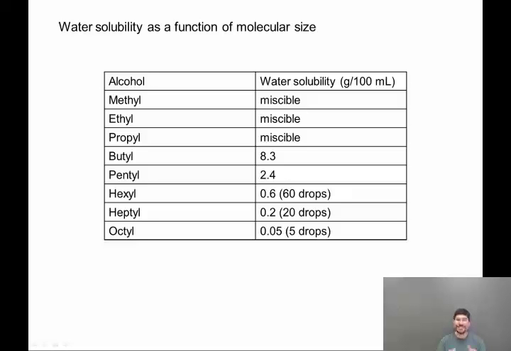And in fact, in medicinal chemistry, one of the parameters about drugs as to how water soluble they are is a measure of what's called their octanol water partition coefficient. Would they rather dissolve in octanol or water? Because that is the smallest alcohol that really has negligible solubility in water.